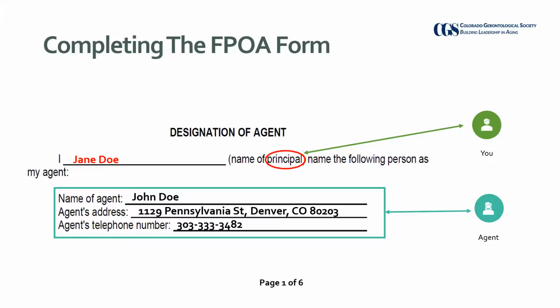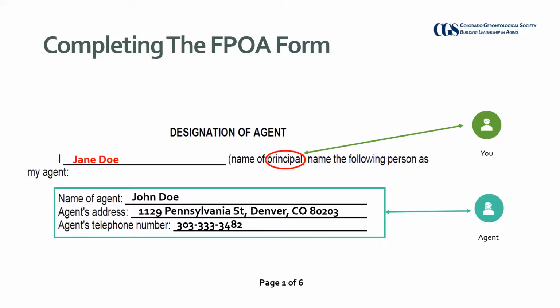So whether you're completing the form on your computer or you're handwriting it, the information is going to go in the same place. However, note that if you are handwriting, we want to make sure that you are using black or blue ink pen. Never use pencil, and also make sure that everything is legible.